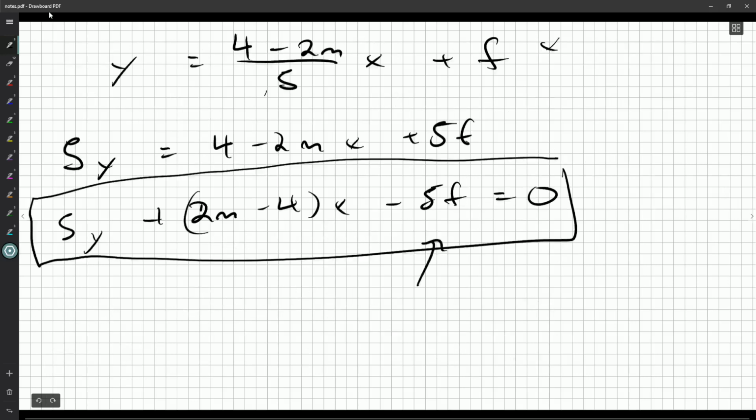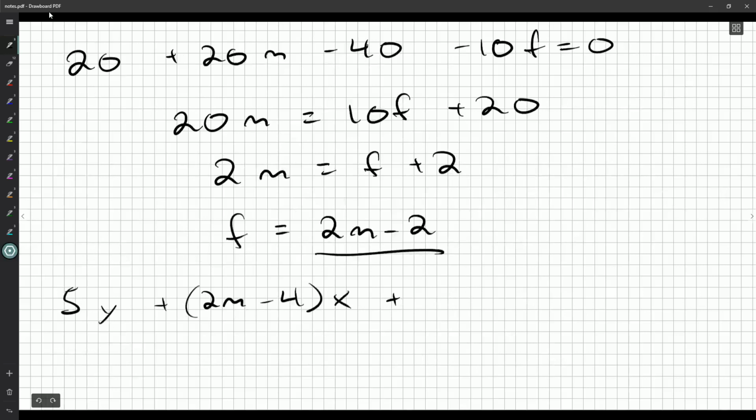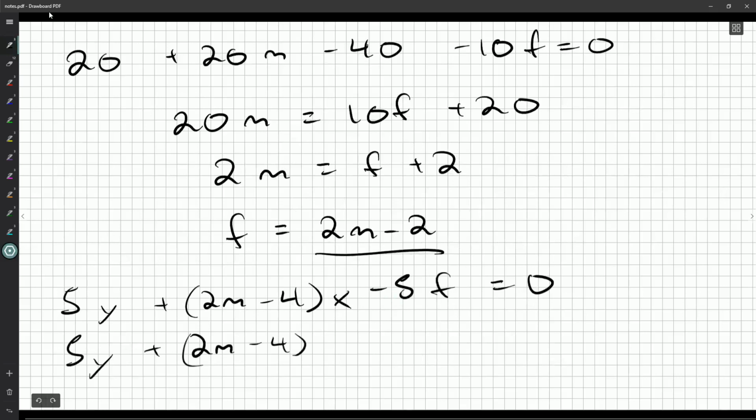So I had minus 5f here. If you'd done y equals mx plus b form, you'll just put your plus f there. So this will be minus 5f equals 0. And simplifying things a little bit, we'll get plus 10 minus 10m equals 0.